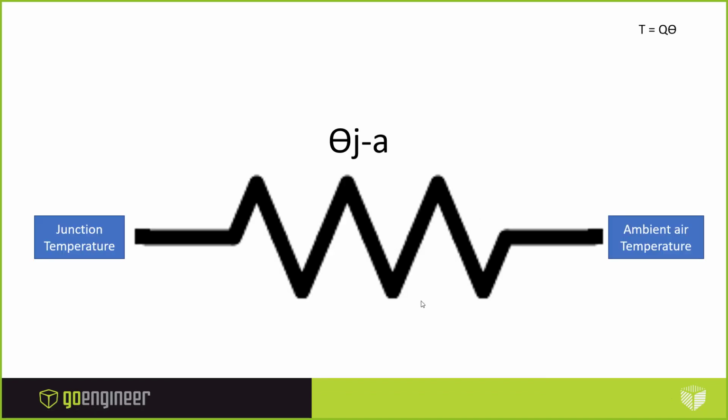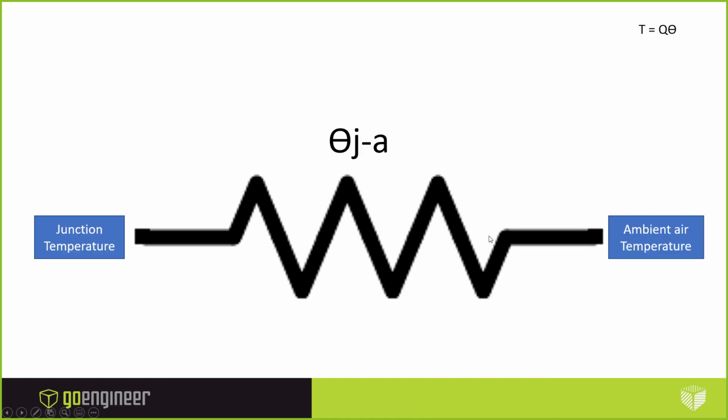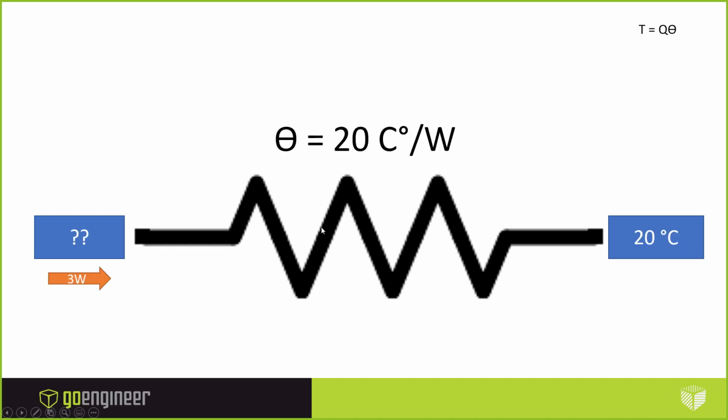Now here, looking at our junction temperature, which is at the very top here, all the way down to the ambient temperature, there's a big resistance that can go between those. If I just do a quick hand calculation here to show you the basic principle, if that LED is generating 3 watts, that 3 watts has to get to the ambient temperature, 20 degrees C, and if the entire thermal resistance of our circuit is 20 Celsius degrees per watt, well, the math is easy.